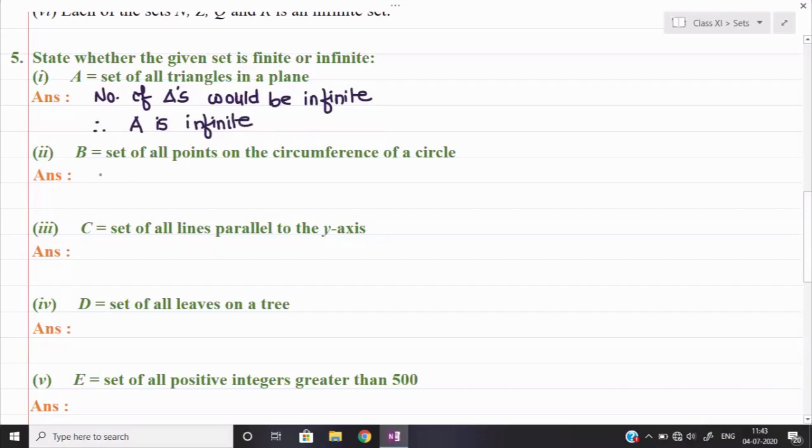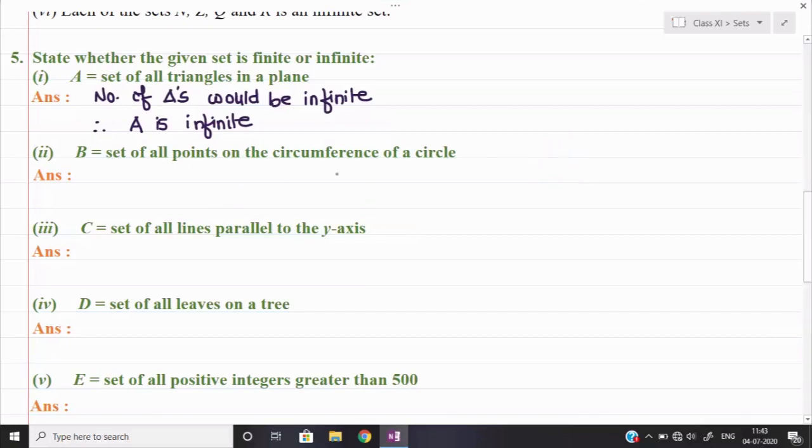Right? Set B, set of all points on the circumference of a circle. Now suppose this is the circumference of the circle, how many points can be there? If I ask you how many points can be there on the circumference of a circle, there will be an infinite number of points.